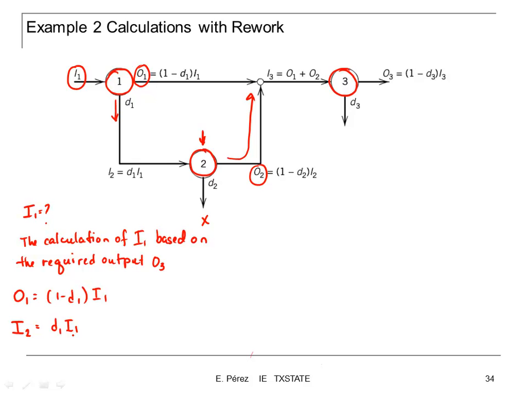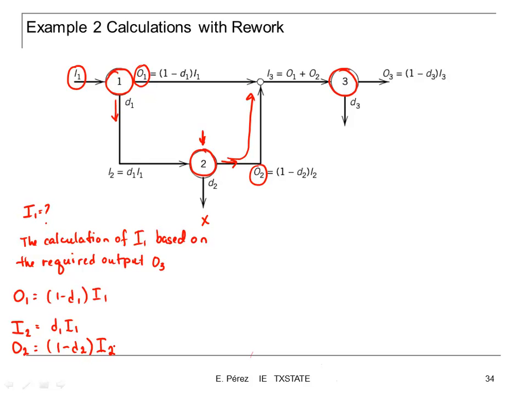Those are the defective units from the first process. Then the output from this operation, that's going to be O2, is 1 minus the number of defects from that rework operation times the input for that rework operation.